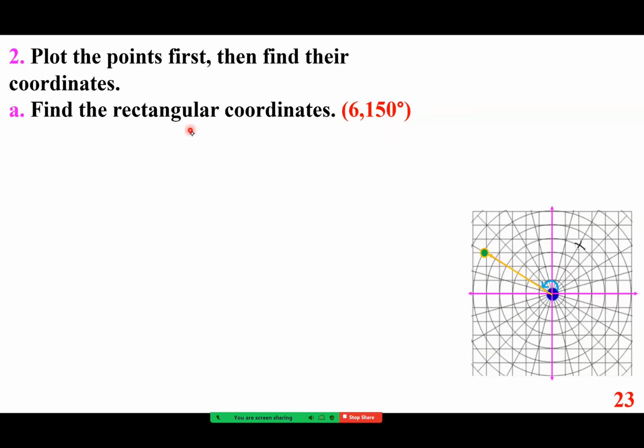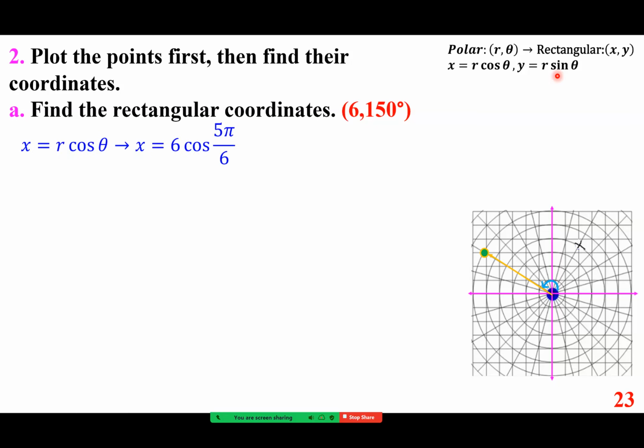And to do so, let's remind everybody that polar has coordinates r comma theta, and rectangular has coordinates x comma y. x is r cosine theta, y is r sine theta. So x is r cosine theta, 6 times cosine of 5 pi over 6. Cosine of 5 pi over 6 has the same reference angle, pi over 6, so square root of 3 over 2, but negative in the second quadrant. Minus square root of 3 over 2.